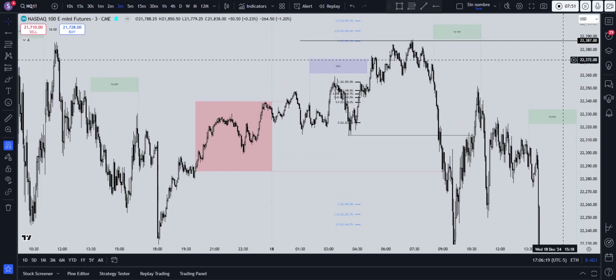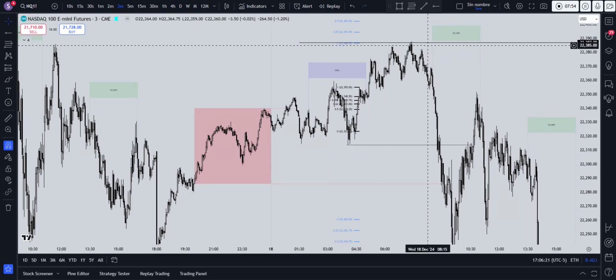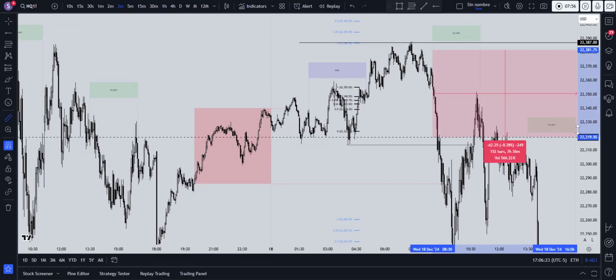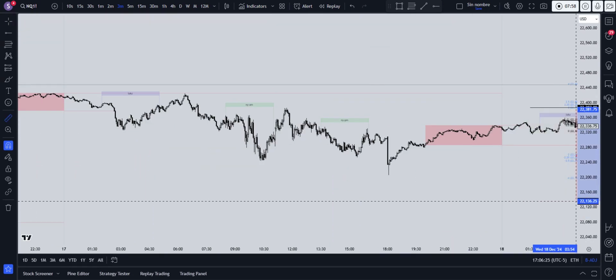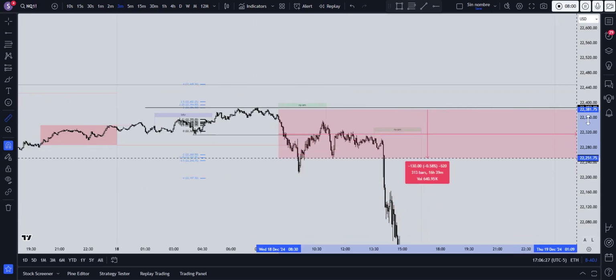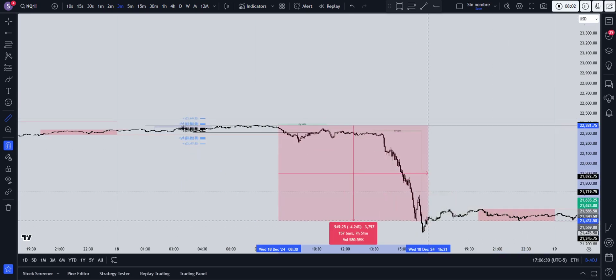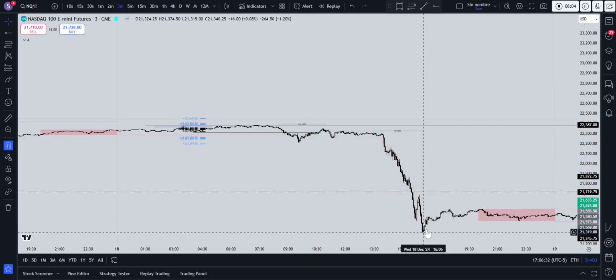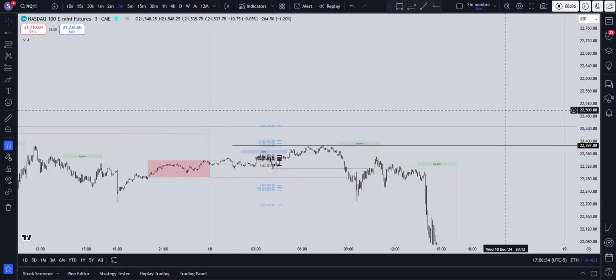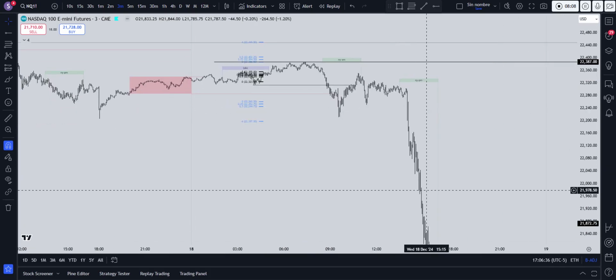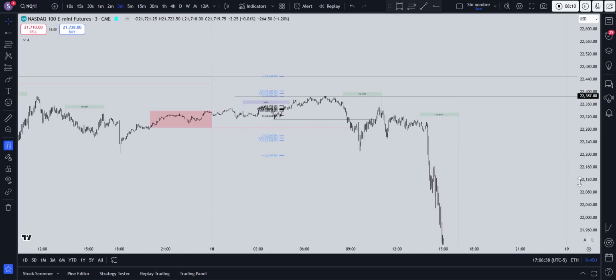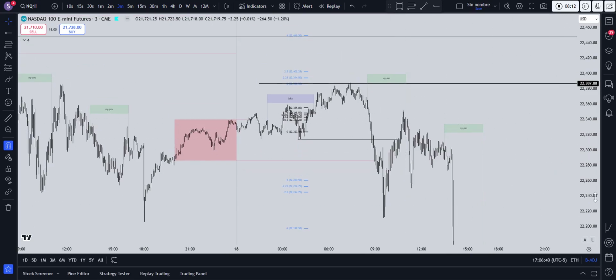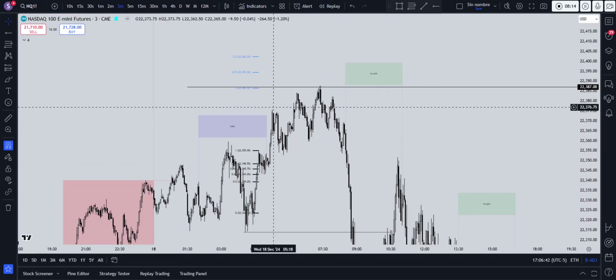We reacted perfectly off of there. You could have taken your trade maybe right there, and you would have caught literally 1,000 points just based on the standard deviations. All of this fell down on Wednesday. You could have caught it just based on the standard deviations.